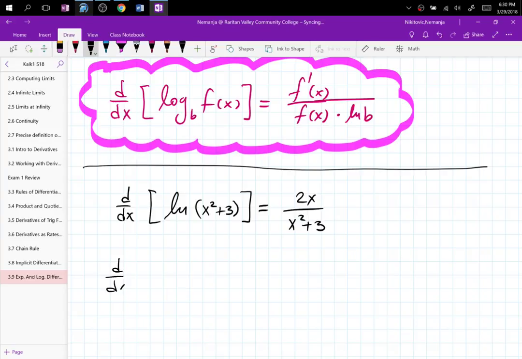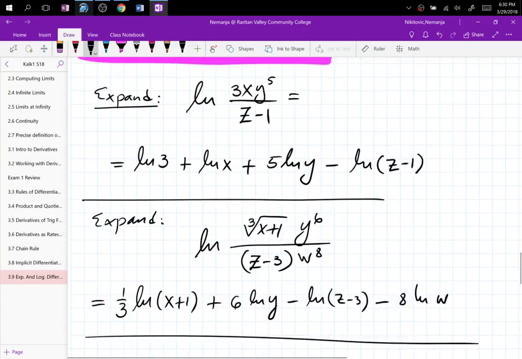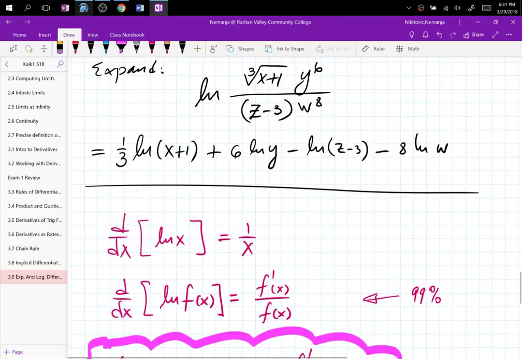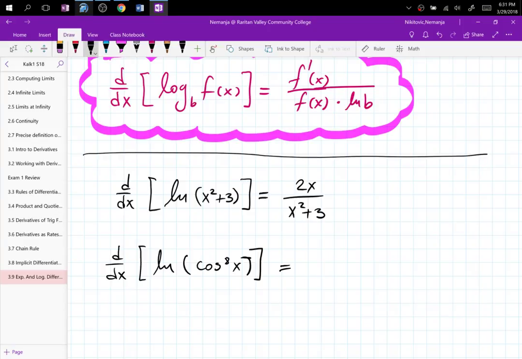Next example. What is the derivative of ln of, let's say, cosine to the 8x? We can do that. Well, I hope you remember the power formula from pre-calc. That's going to come in very handy in this problem because it will kill the chain rule. Look at this. The derivative of, and then that exponent goes in front of ln.